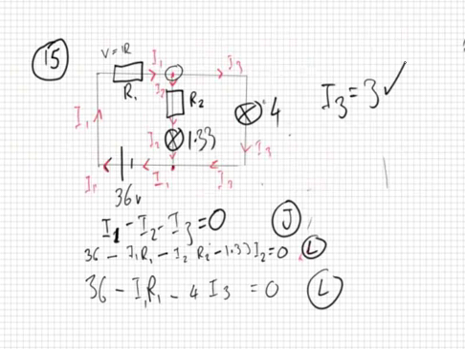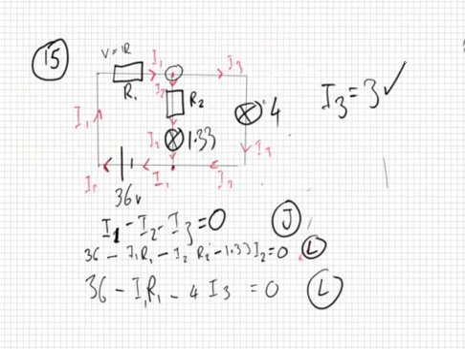We can calculate R1. Do we have enough equations now? How many unknowns do we have? We now have I1, I2, R1, R2. So we need another equation.